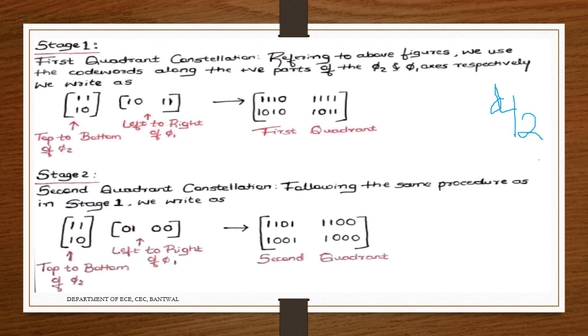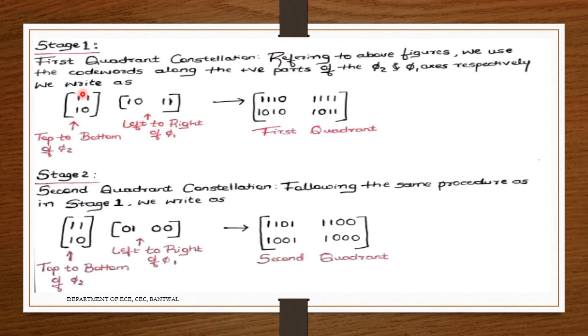Next point, 3d by 2. Next, it will be 5d by 2. Like this, it will be in the odd numbers itself. Similarly, it will carry out for even; this is for the positive side, and next one will be the minus side. Same thing, it will be there. So the reason for taking d by 2 is that it is the distance usually, and we represent it in that manner.